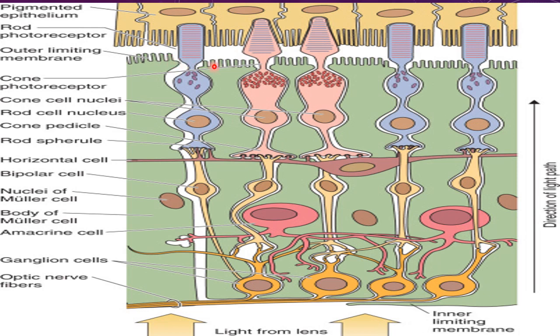Here they are terminated, making this row of the layer which is the outer limiting membrane. So actually this is the cytoplasmic extension of the Muller cell.